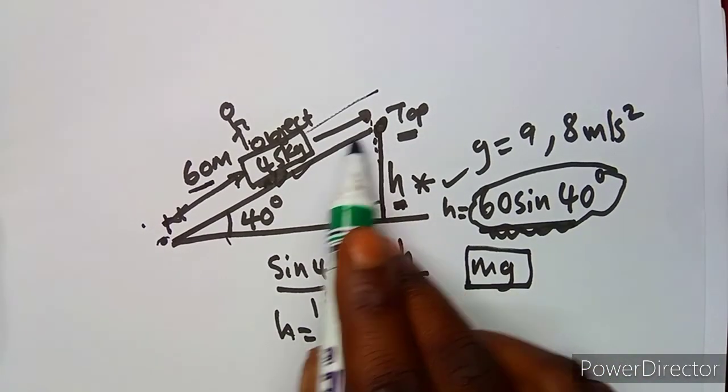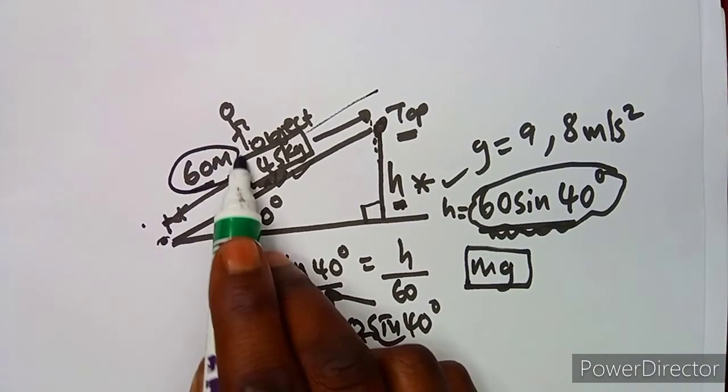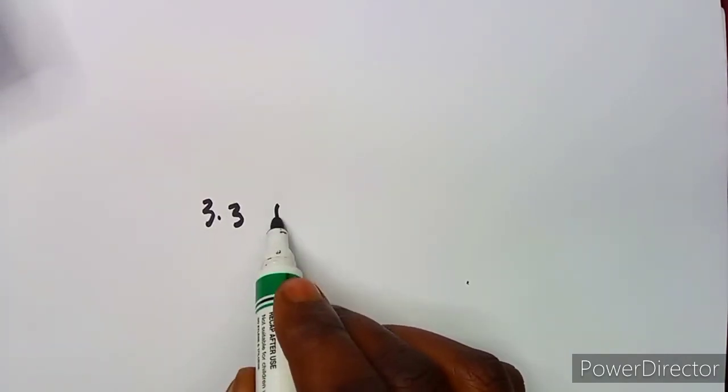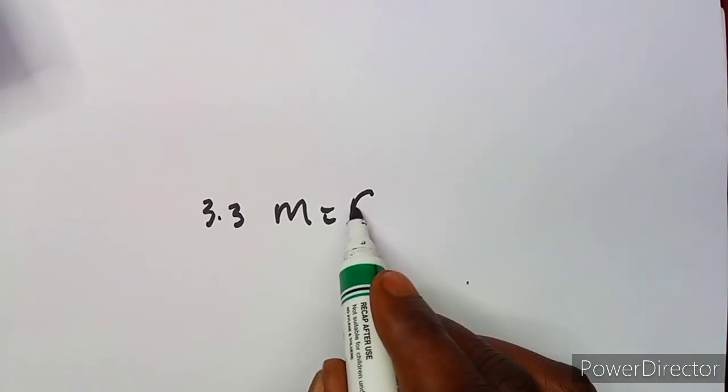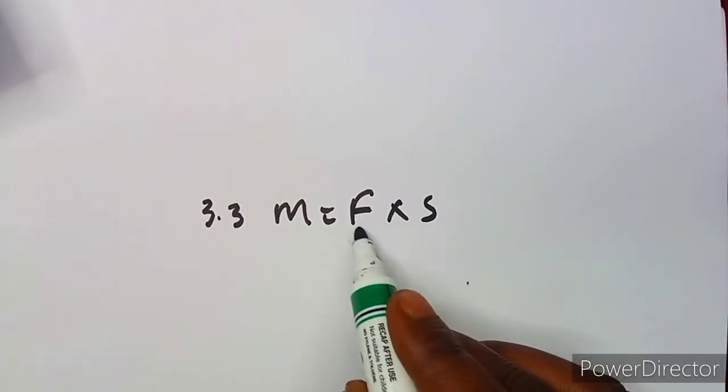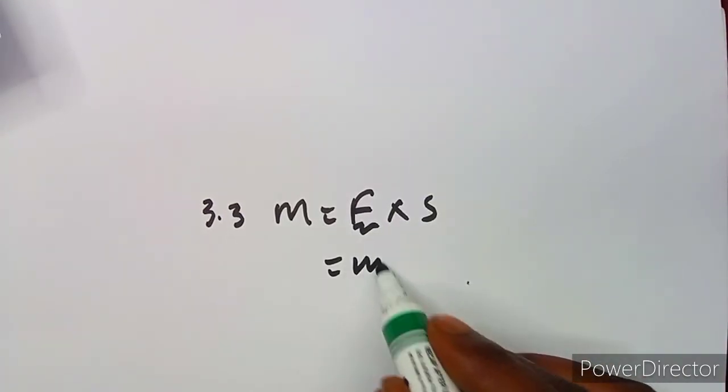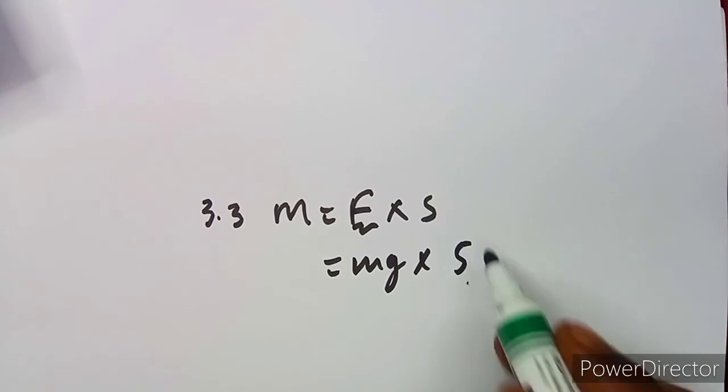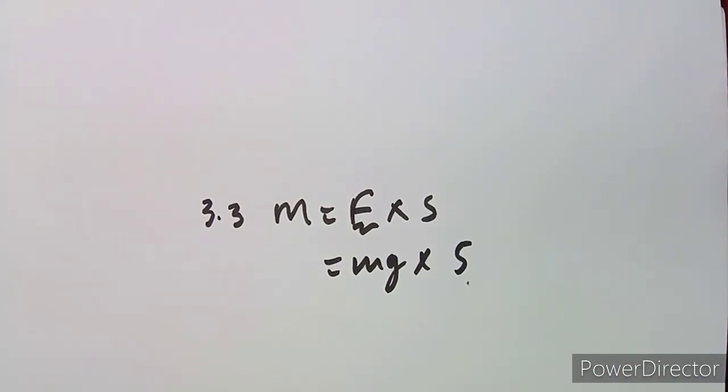The man is going downwards here, the steep, which is 60 meters. So I can find the momentum, which is going to be the force times the distance. The force is mg times the distance. That is the weight.